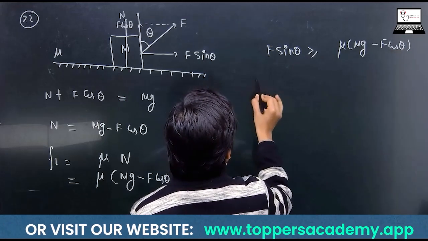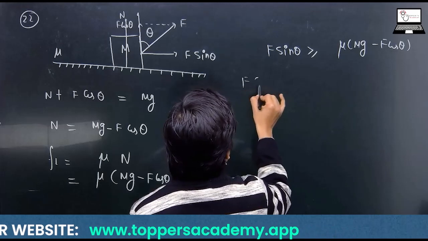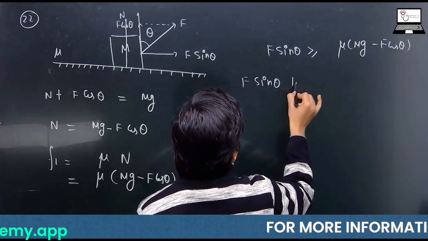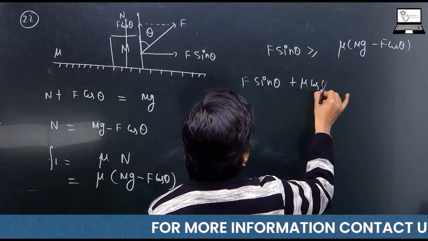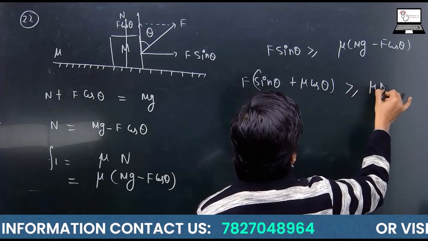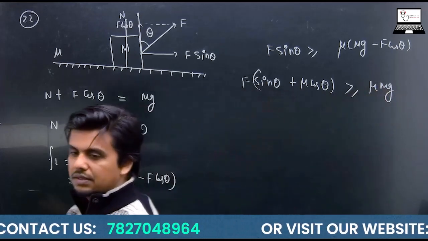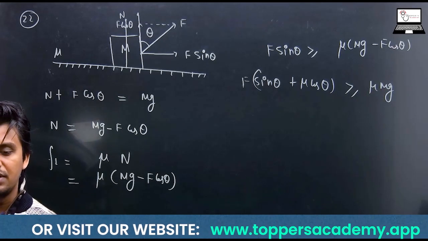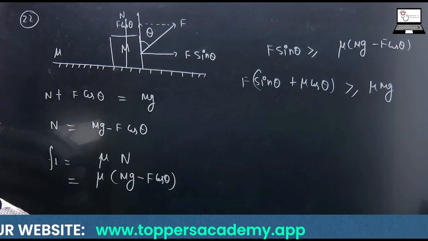So you can write F sine theta plus mu F cos theta must be greater than or equal to mu mg.